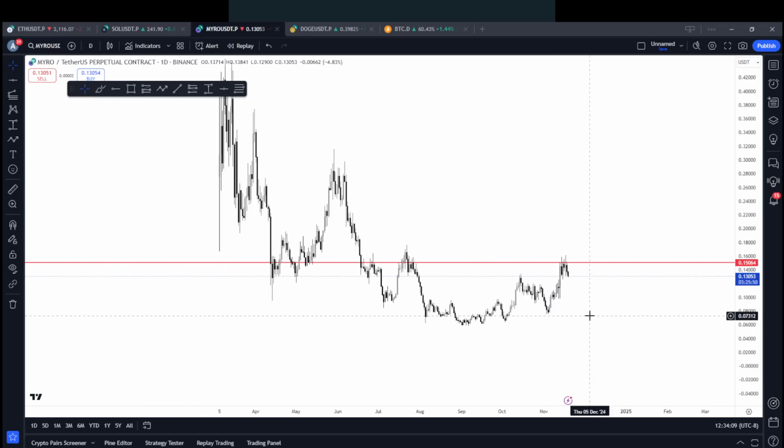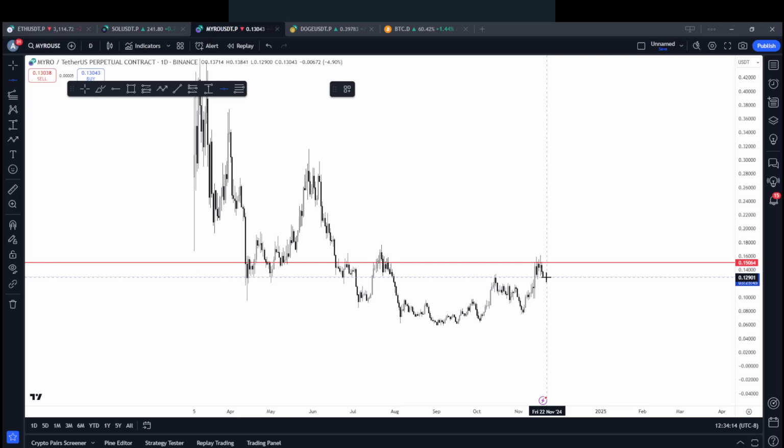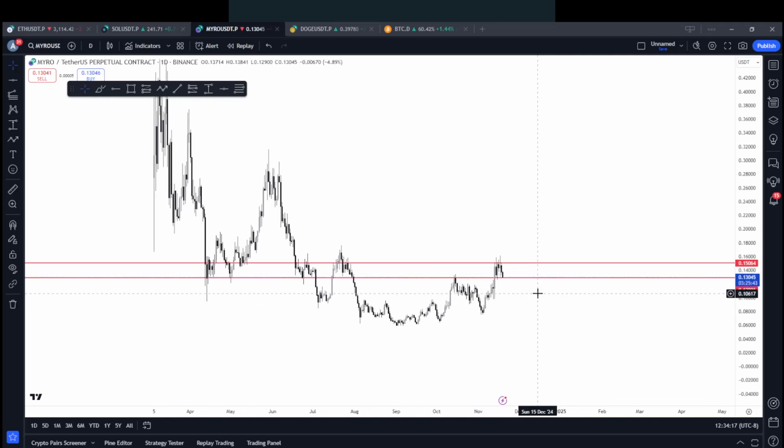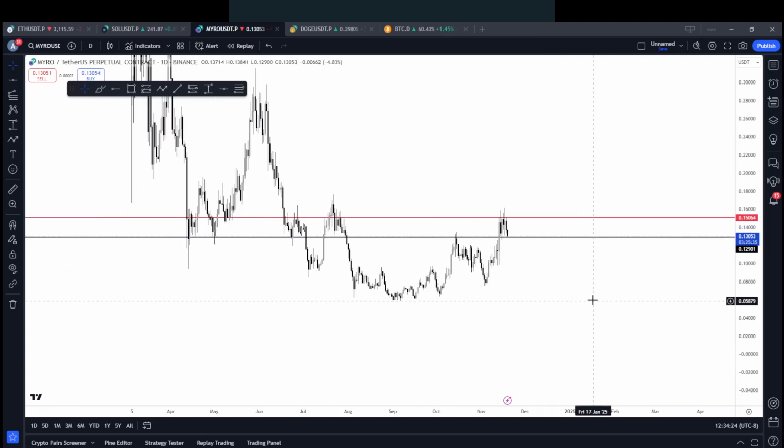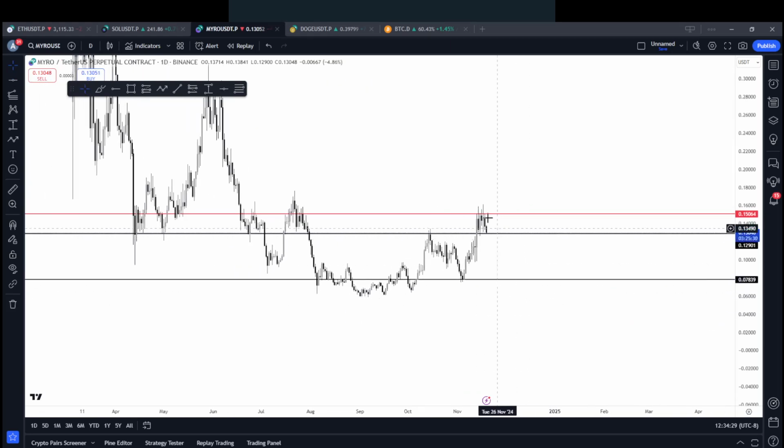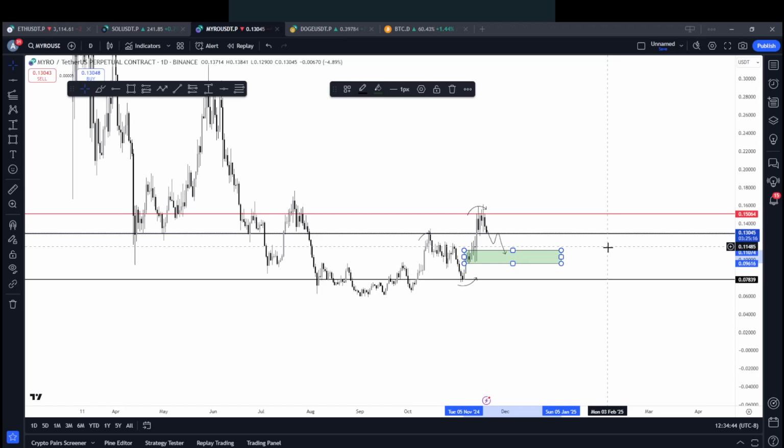So Myro, resistance here, right? I wouldn't get into positions until we are above here. We are testing support. I would not like us to deviate back under this range. If we get back below, yes, we are putting in a higher high here, but if we get back below and do something like this, I would probably go to this order block here.